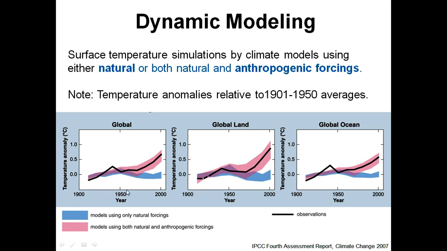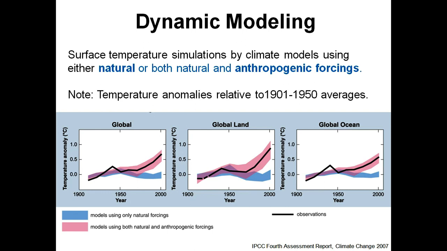The x-axis is the timeline. The blue bar is the models using only natural forcings, and the pink bar is models using both natural and anthropogenic forcings, and this black line is the actual reading. So it basically tells us we really cannot explain the actual readings without incorporating anthropogenic forcings.